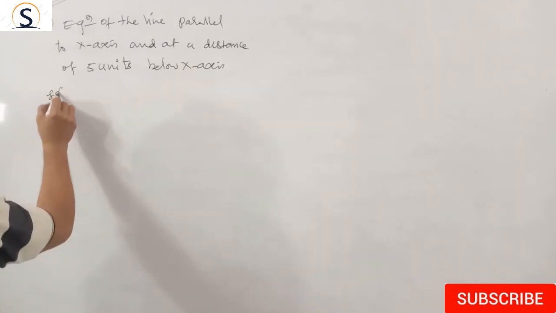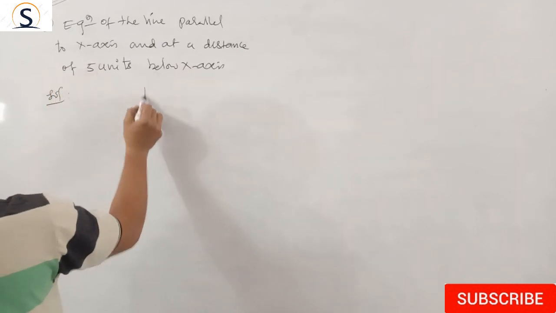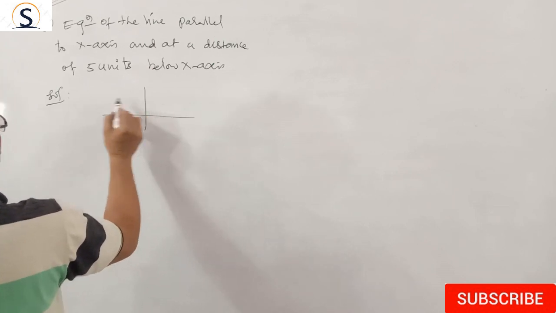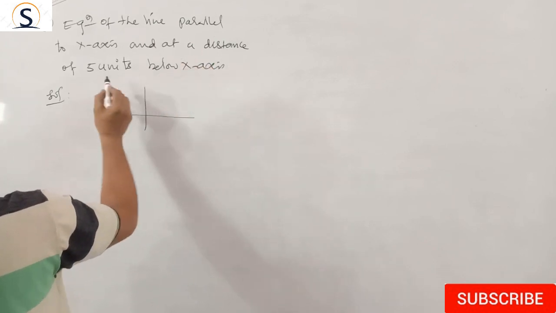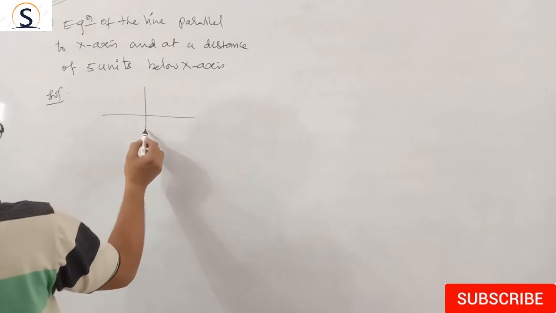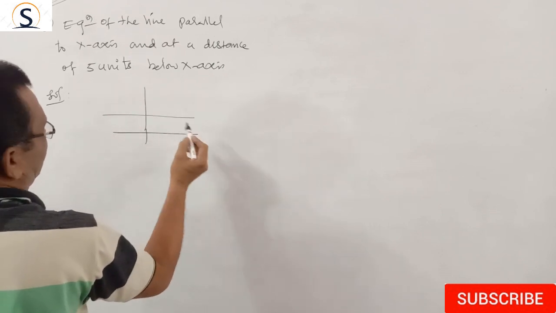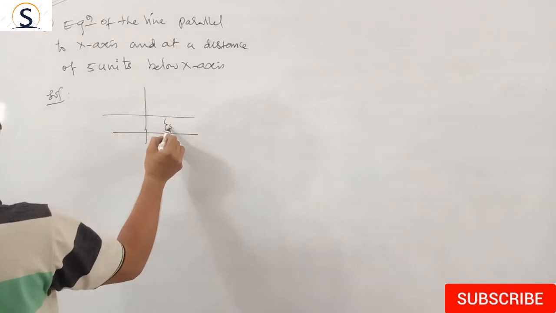It is asking for a line parallel to x-axis. This is parallel to x-axis, and below x-axis means it is on the negative side. So the distance is 5 units.